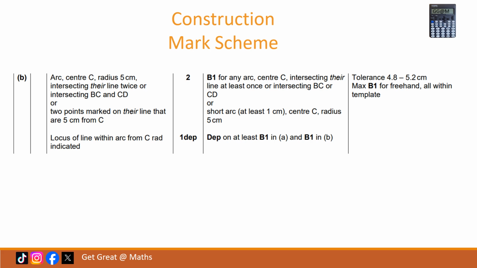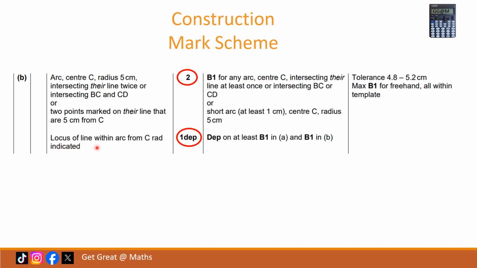Now the mark scheme on this question shows there are 3 marks, but they're not written as 3 as we normally see. You can see there are 2 marks here at the beginning, which is where you're getting your arc and your circle drawn of 5 centimetres. And the last mark is dependent on what you did in the first part, which is on one of my previous videos.